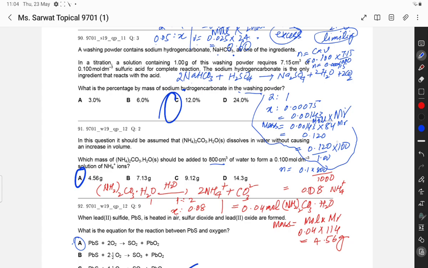So 0.120 in 1 gram, divided by 1, times 100, that is the percentage by mass is 12 gram. Sorry, 12%. So C option is the correct option.